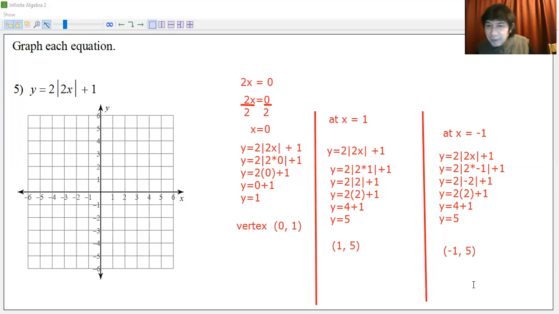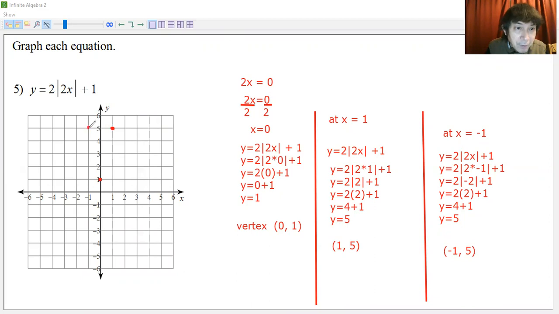All right, so that's it. Let's draw our graph. Let's begin with our vertex (0, 1), right here. Our second computed point is right here, and our third point is at (-1, 5), over here.